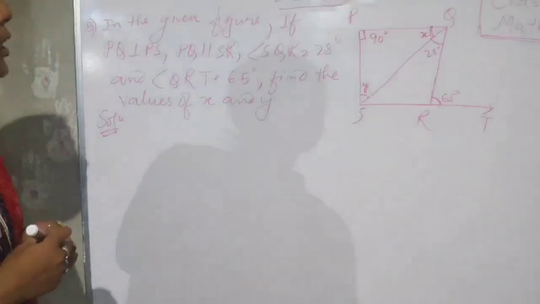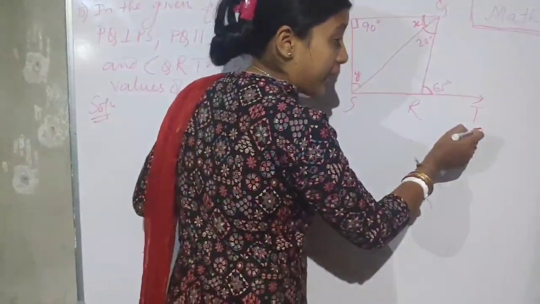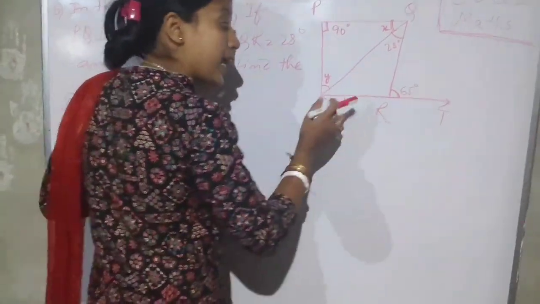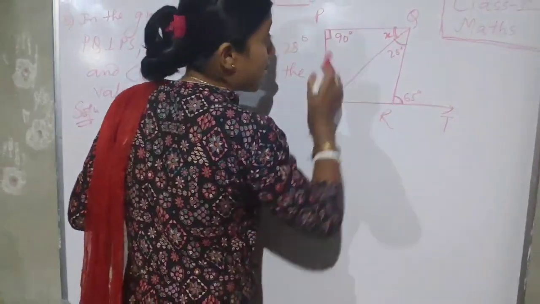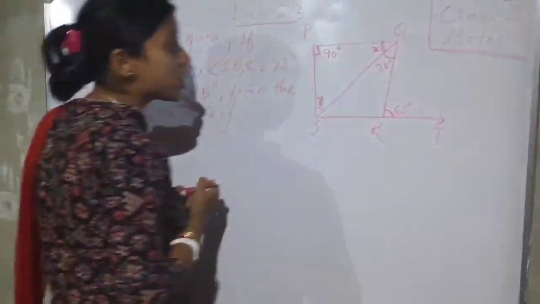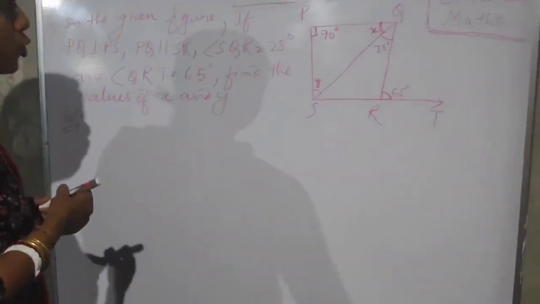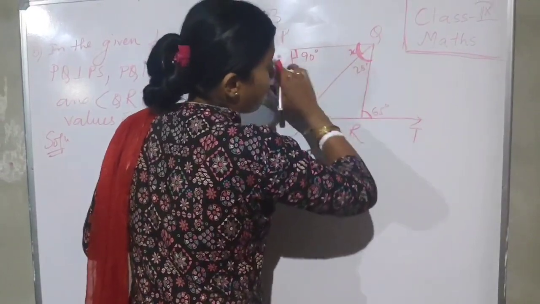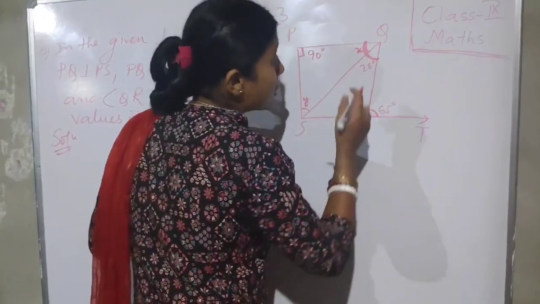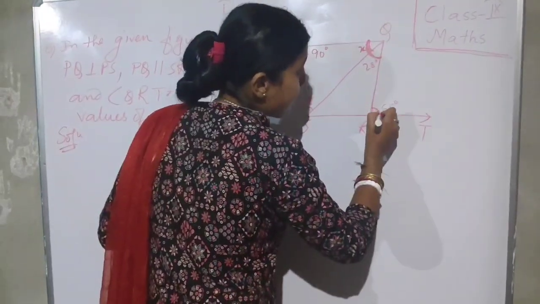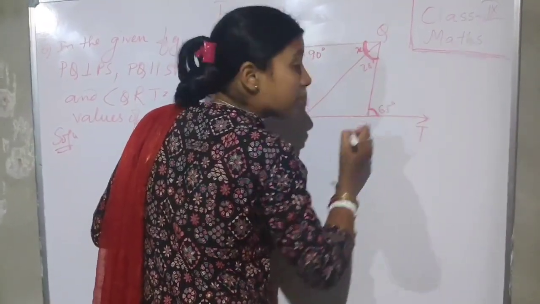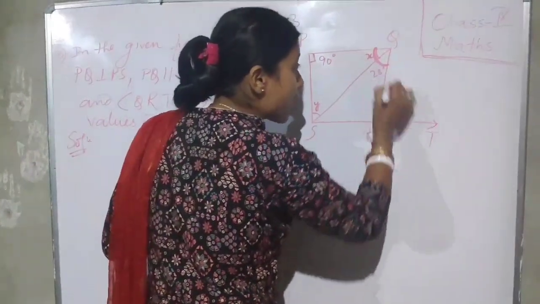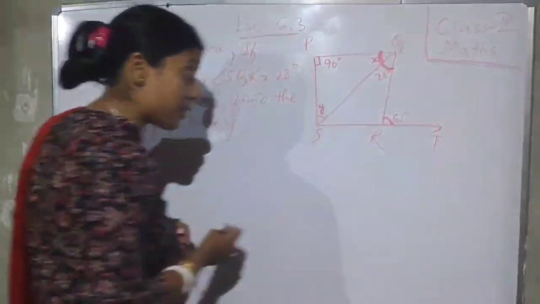See, if SR is produced to T, since PQ and SR are parallel, then when SR is produced to T, PQ will be parallel to ST also. So now see, angle PQR will be equal to angle QRT, since these two are alternate interior angles, and QR is a transversal here.